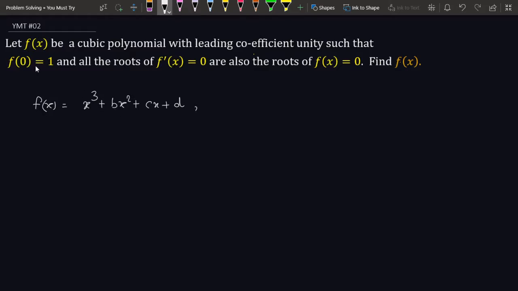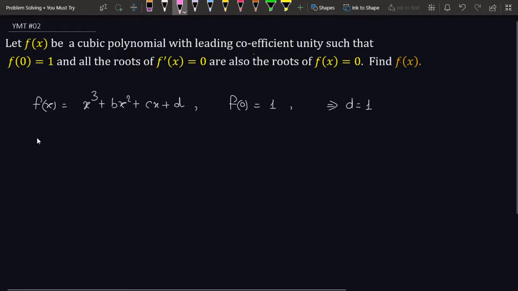The second information, f(0) is 1, means when I plug x equals 0 in this function, on the right hand side I will get 0 except d, and on the left hand side I will get 1. Therefore d is equal to 1.